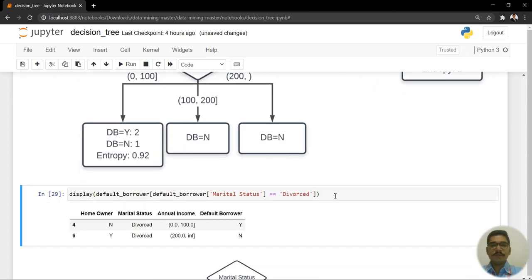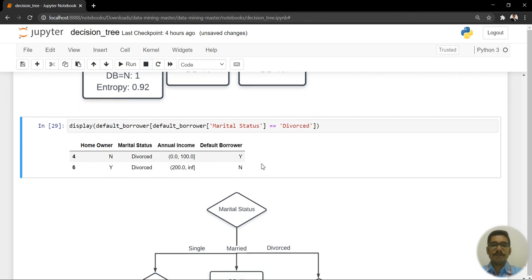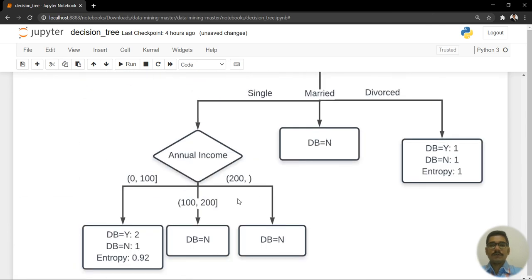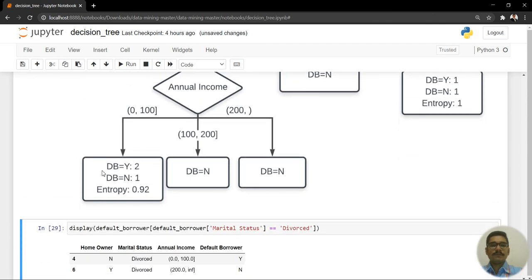and now we look at divorced. For divorced we have two instances, one belongs to the yes class and one belongs to the no class. So now what about this particular node? This is not a leaf, you have two instances.